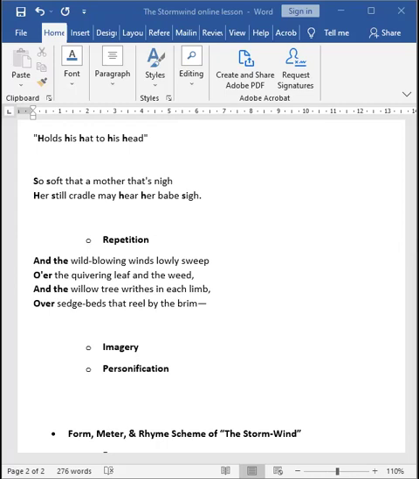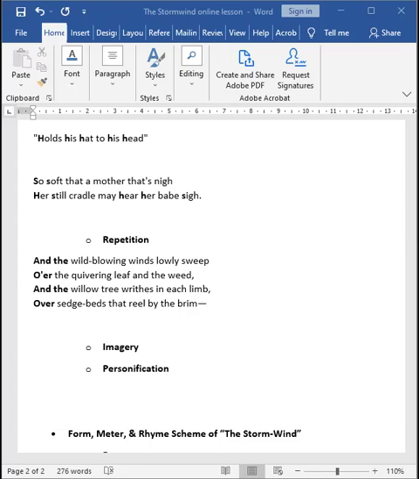Now we can note over here in the third and the sixth line, which is featuring a broader aspect of parallelism. Not only are the words repeating, but the structure might also be repeating.